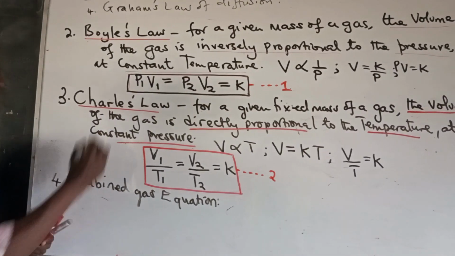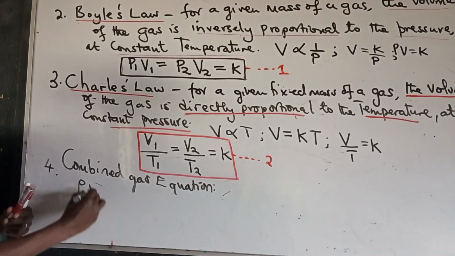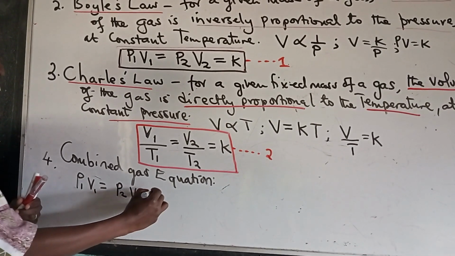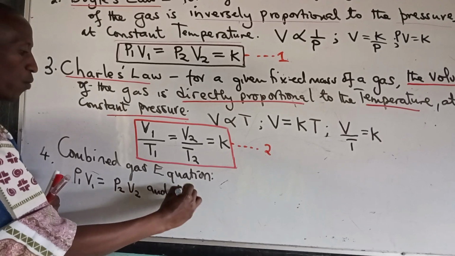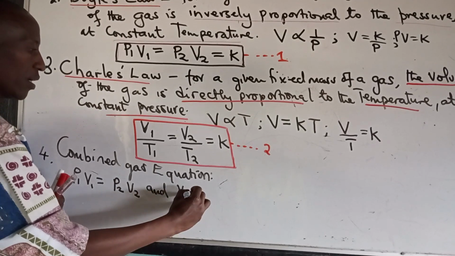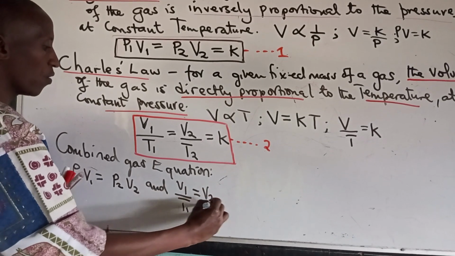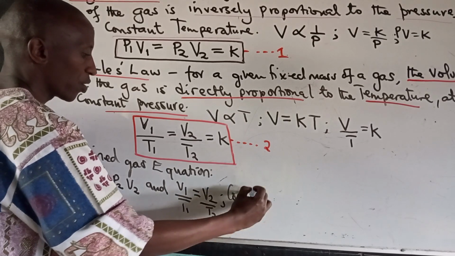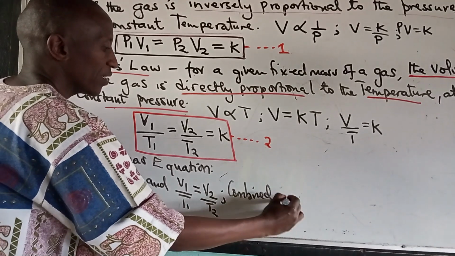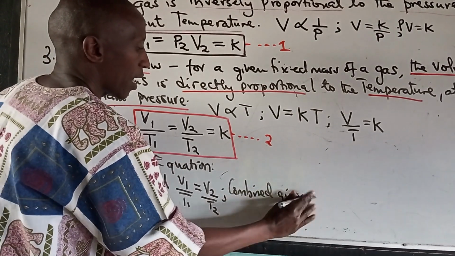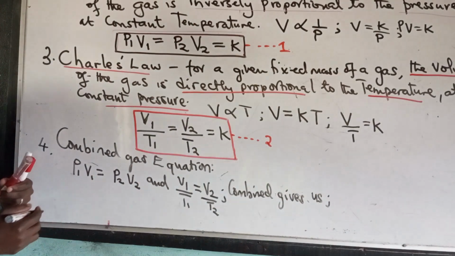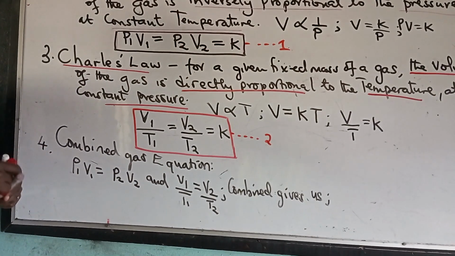Here we shall have that P1 V1 is equal to P2 V2, and V1 over T1 is equal to V2 over T2, which when combined, gives us the relationship.